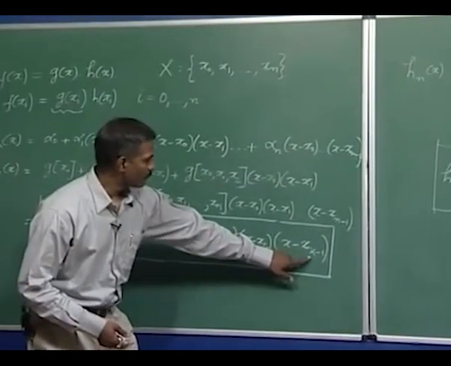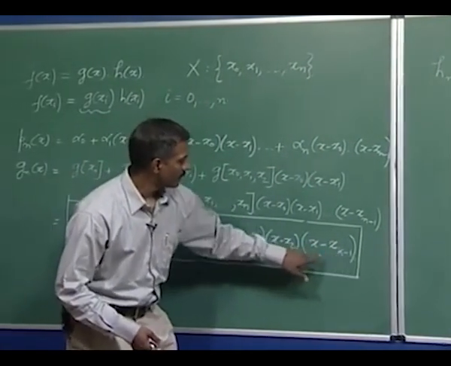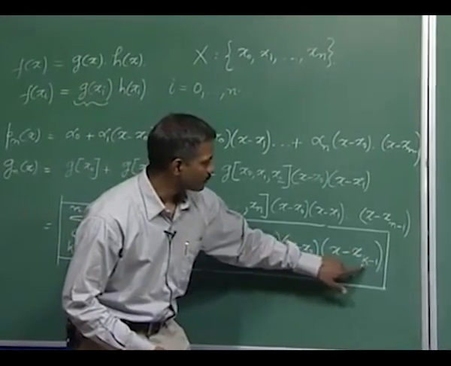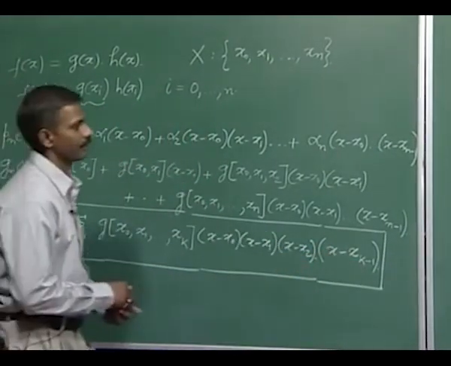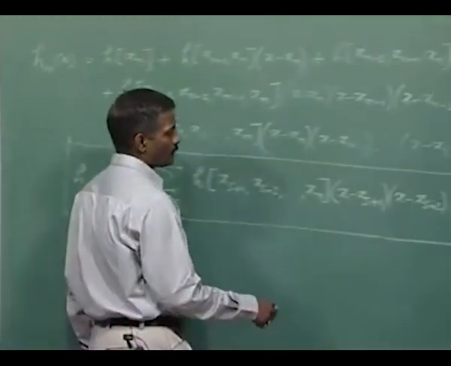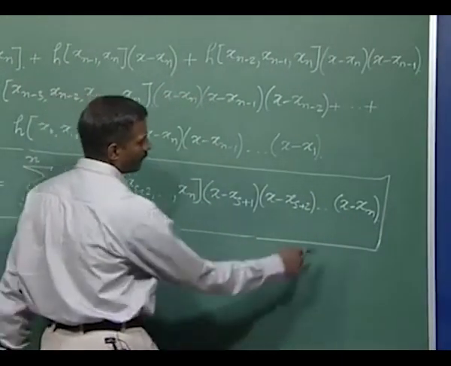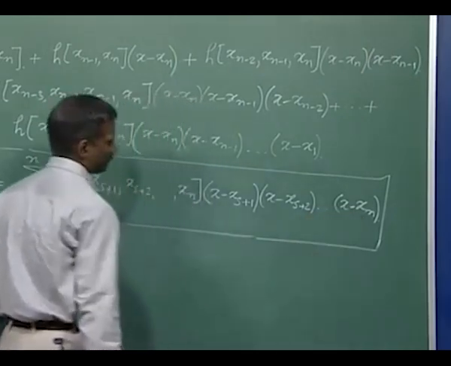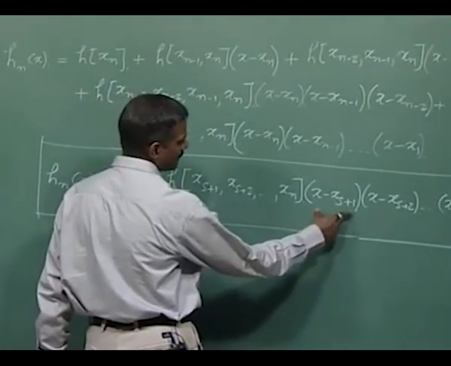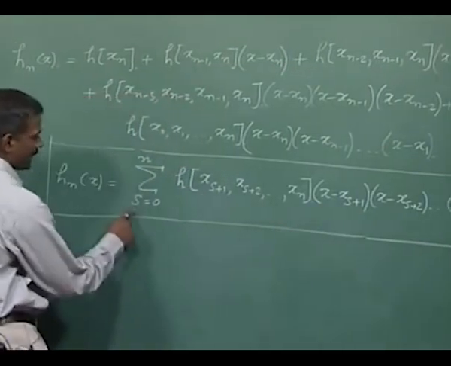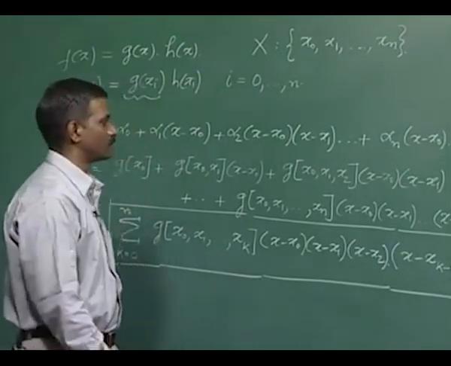The maximum value of k is n. So, the last term here will be x minus x n minus 1 for k equals n. However, here the last term is slightly different. Here we have x minus xn. The starting term, of course, is x minus x1 for s equals 0. So, there are minor differences in the two expressions.